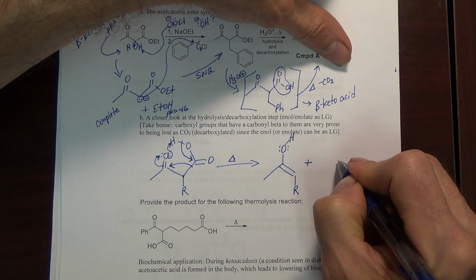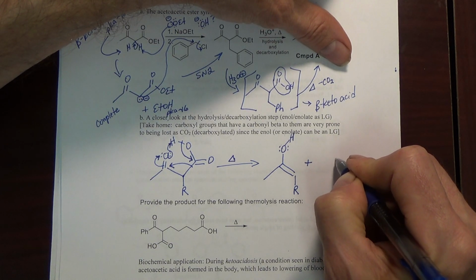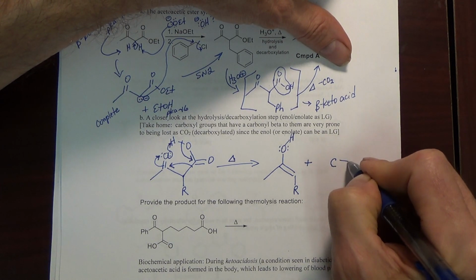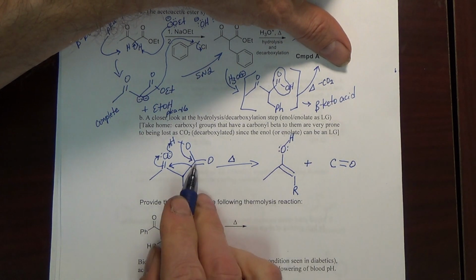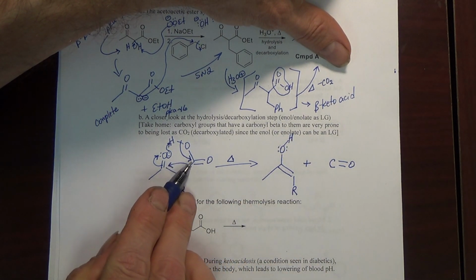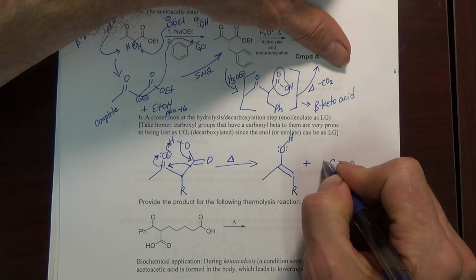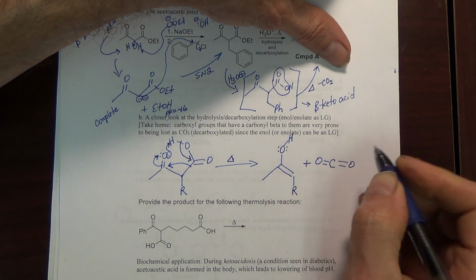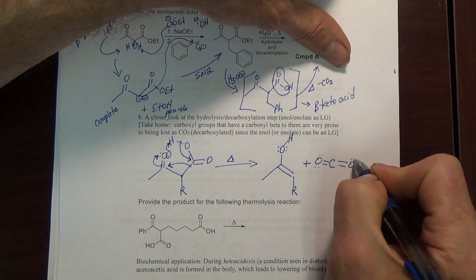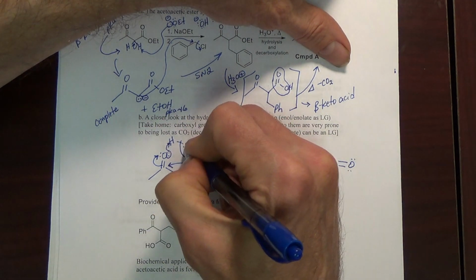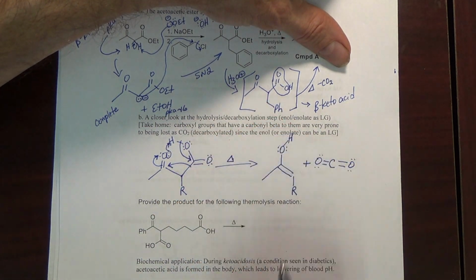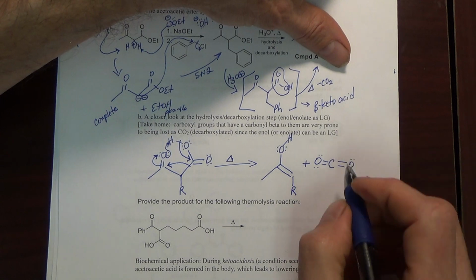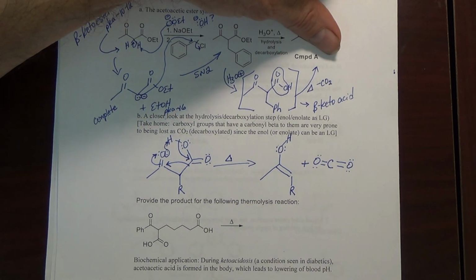We have, I'll draw that in as a C, a double bond to O, that's this, and on the other side, a double bond to O. And the lone pairs that are there are no different. There's your CO2.